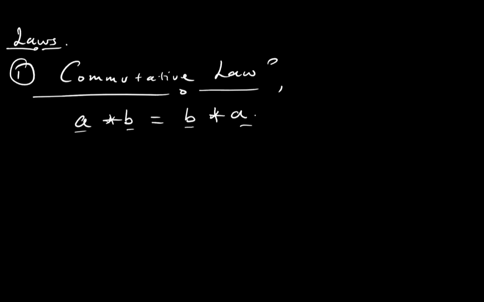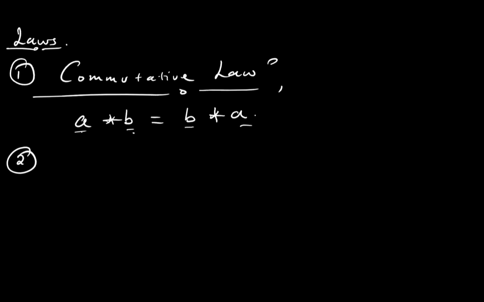There will be questions where they'll ask you, is the operation commutative or not? So, if the order in which A and B are placed doesn't matter, that particular operation is said to be what? Commutative. But if it doesn't hold true, then that operation is not commutative.